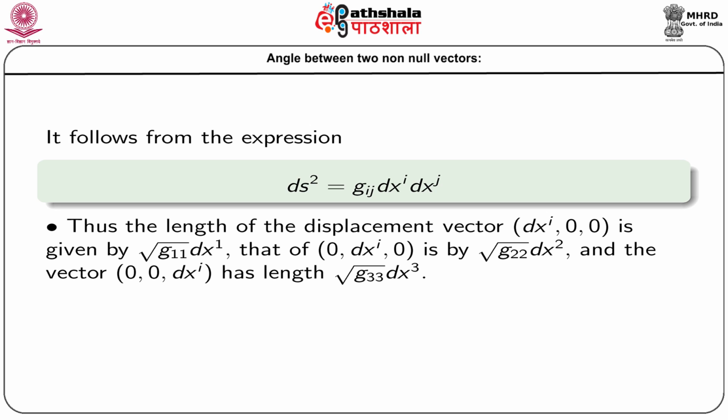Similarly for (0, dx^2, 0), the length of the vector is root over g_22 dx^2, and for the vector (0, 0, dx^3), the length is root over g_33 dx^3.